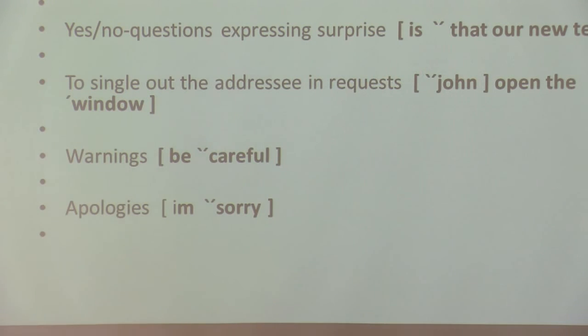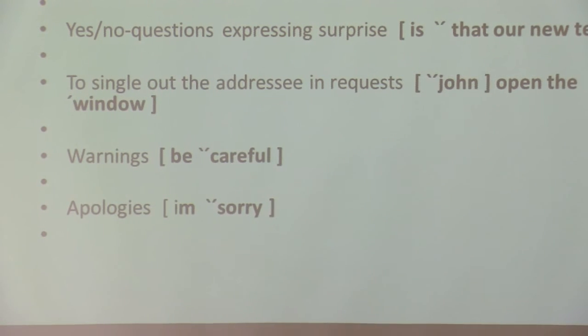And finally, we have the kind of intonation used between two people who care a lot for each other, and want to apologize. I'm sorry, I'm sorry. That kind of use of fall rise.